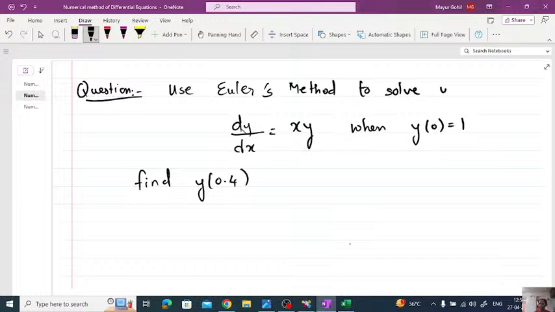To solve y 0.4, find this, take h equal to 0.1. Like this the question is given to you.